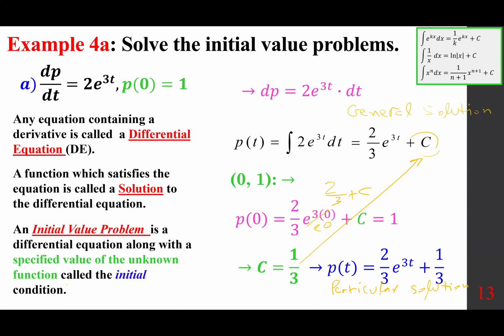So without this pair, you have a general solution, you have infinitely many solutions, you have a family of functions, and you're done. Adding this, you can find the constant, and it gives you one of those functions. So this is one of those functions, becomes a specific solution, a particular solution.